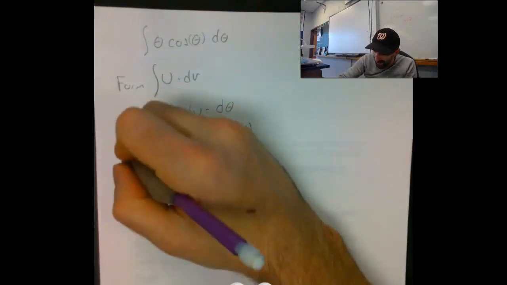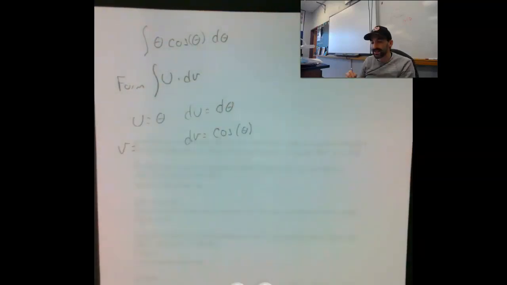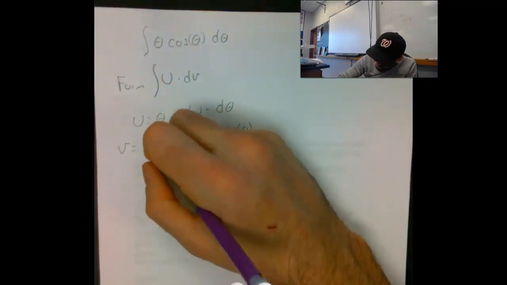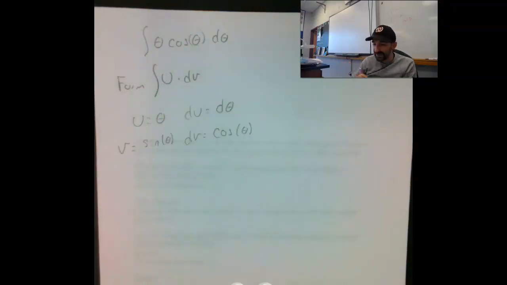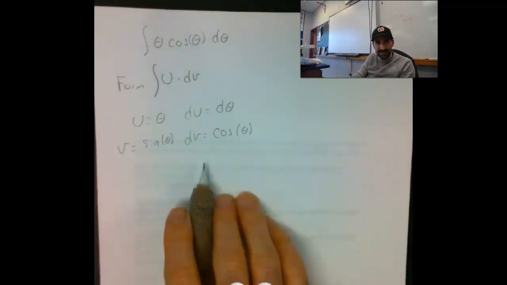Which means my v, what is the antiderivative of cosine theta? Sine theta. Right? The derivative of sine theta is cosine theta. The derivative of cosine theta is negative sine theta. So don't mess those up.